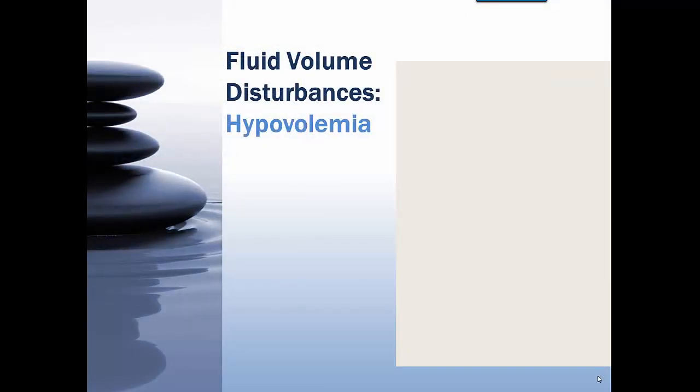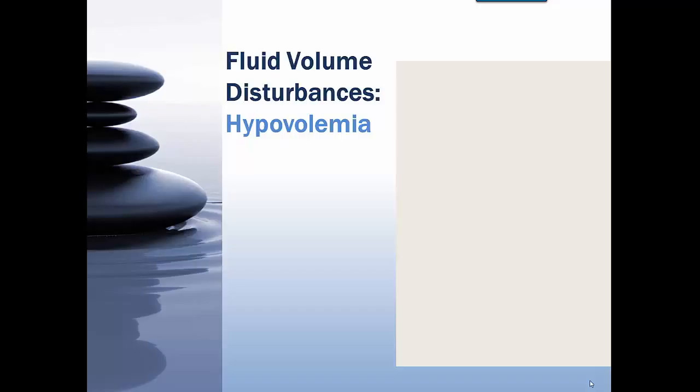When we look at fluid volume disturbances, if you'll note in your book on page 62, this is where the subject begins. One of the biggest things I want you to remember is that a fluid volume disturbance, or hypovolemia, occurs when there's loss of fluid in extracellular fluids. This is different than dehydration.